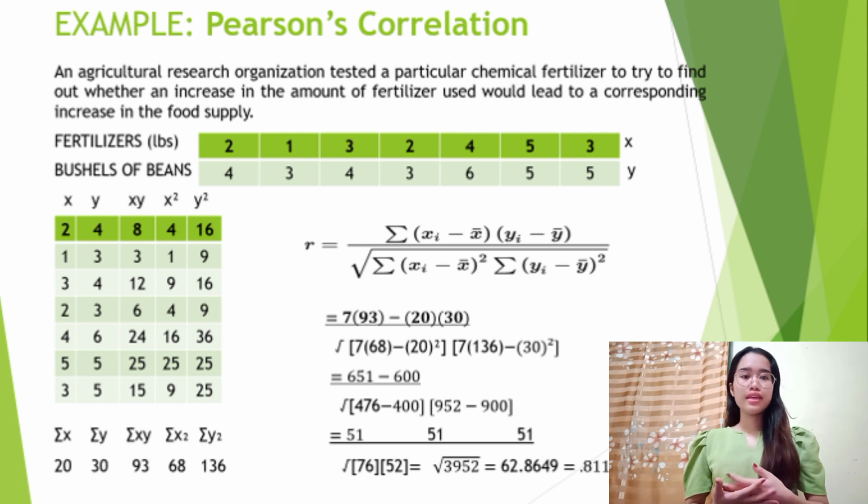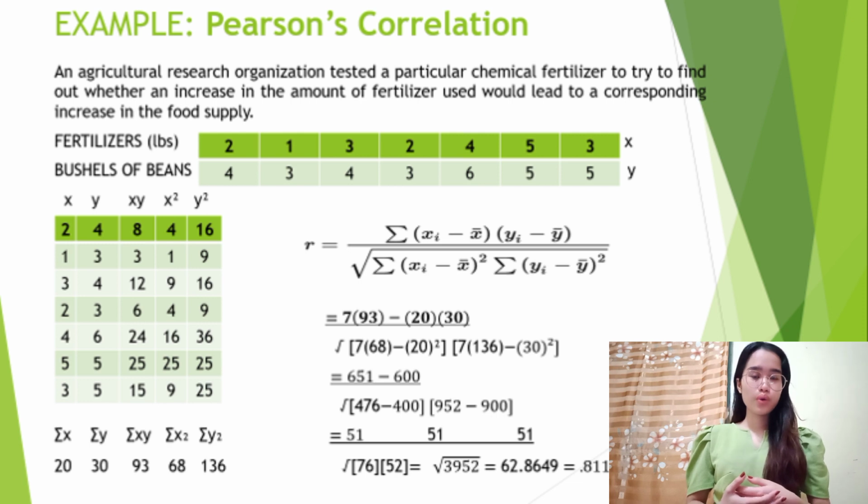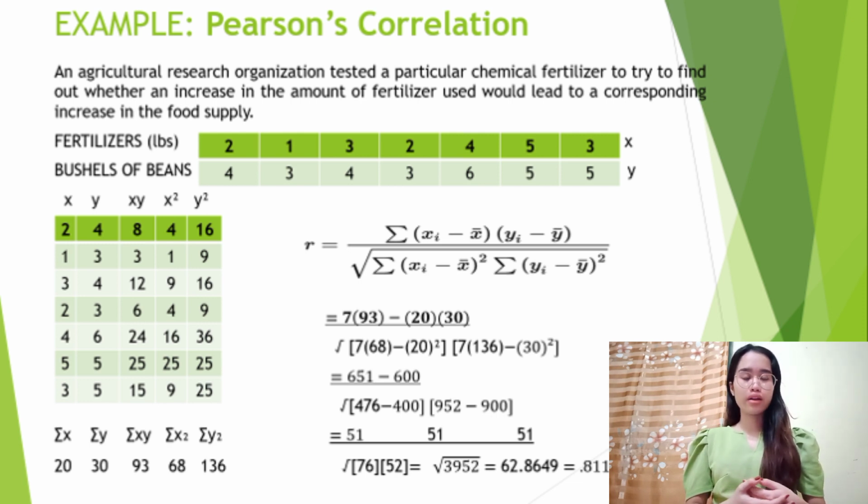Y is called the dependent variable because it depends on the fertilizer. Now for the correlation coefficient, we're going to need more variables. We're going to need x times y. We're going to need x squared and also y squared.